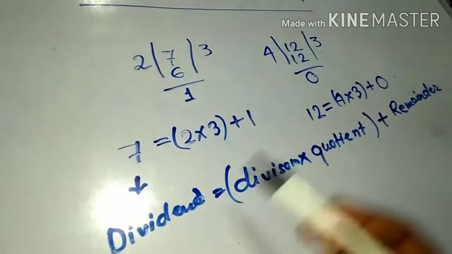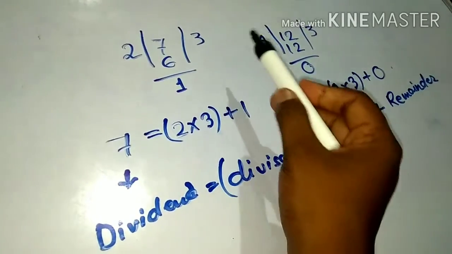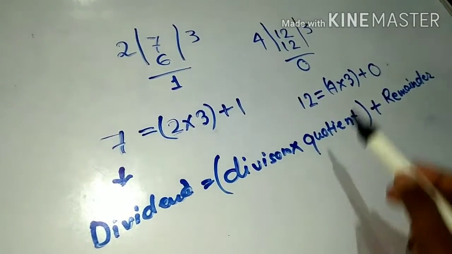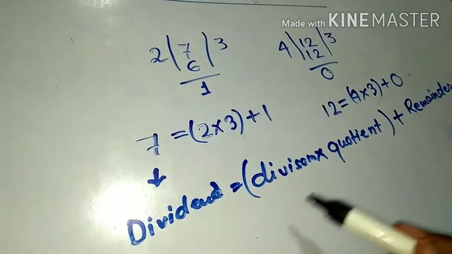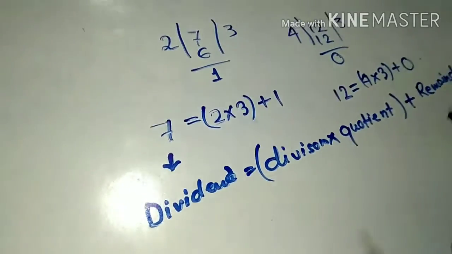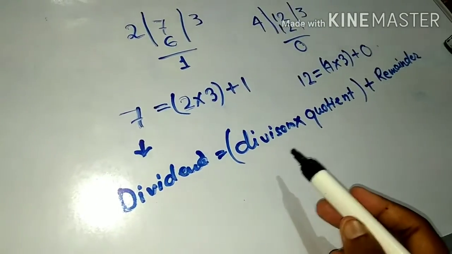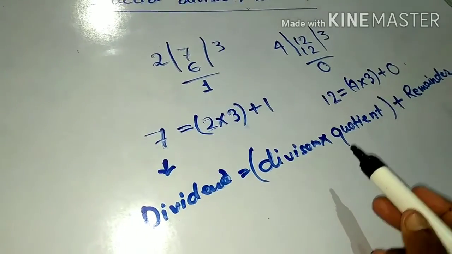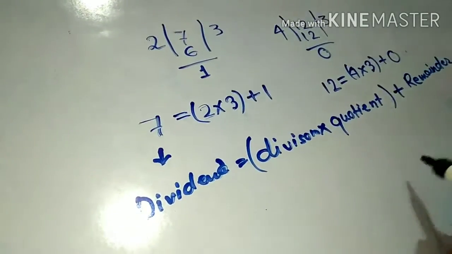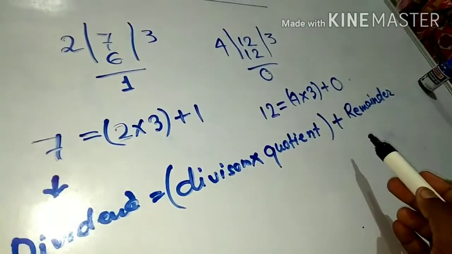For this case, 12 is the dividend, divisor is 4, quotient is 3, and remainder is 0. So in every case, whenever you divide, you can write this relation: dividend is equal to divisor into quotient plus remainder.